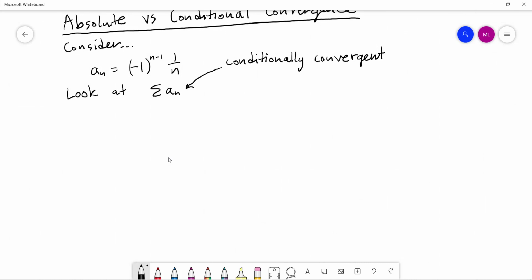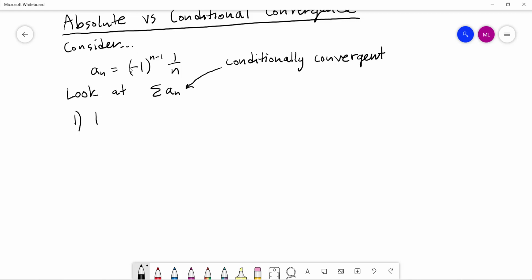So if I call this case 1, I want to actually write out some of the terms. So I'm going to put n equals 1 in as the first term, a sub 1. And then we'll do the whole sum. So when I plug in n equals 1, I'm going to get negative 1 raised to the power of 0. So that's going to be 1 times 1 over 1. I just get a 1 for the first term.